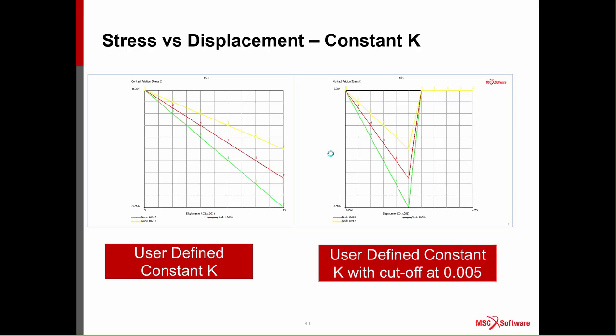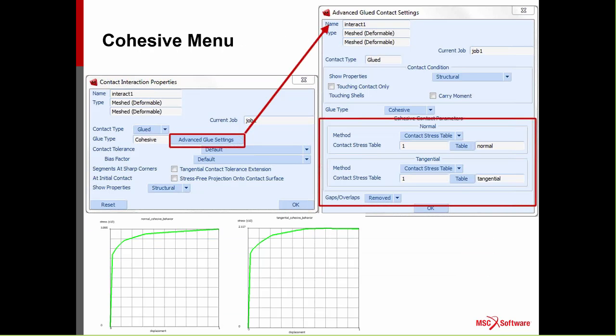So we can either define things as a cohesive stiffness, or we can say the stress is a function of this opening deflection as well. And how that's done is basically in the contact interaction menu.